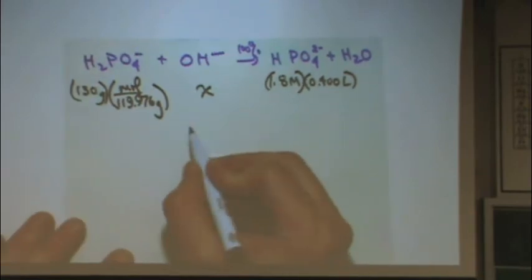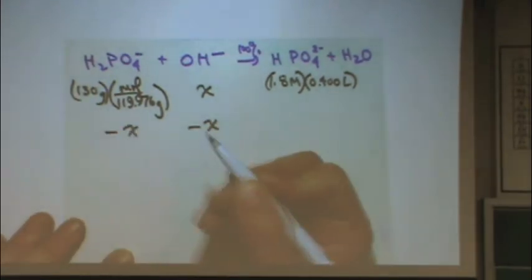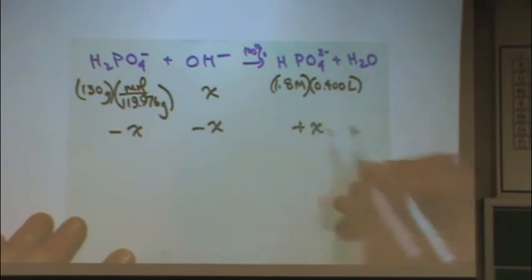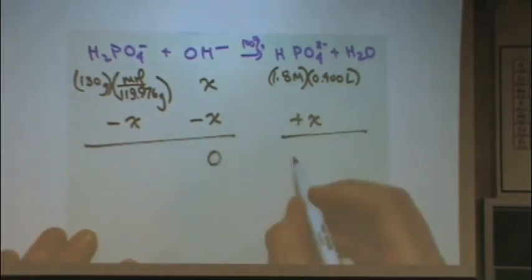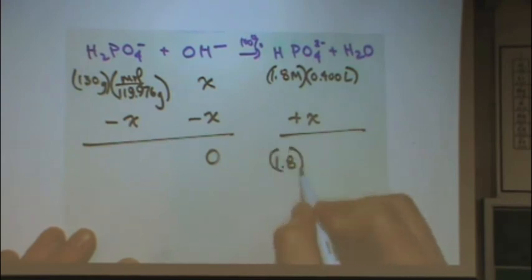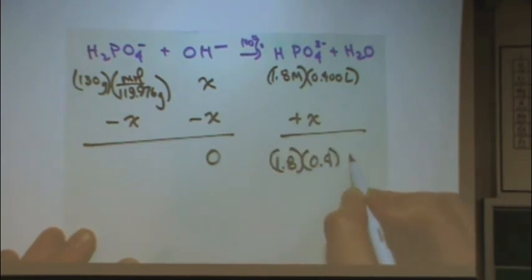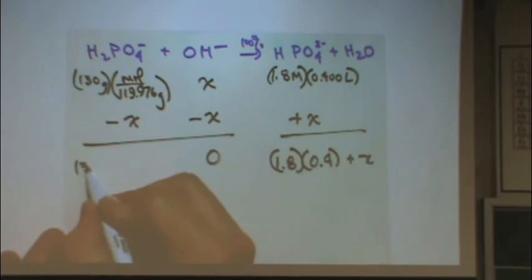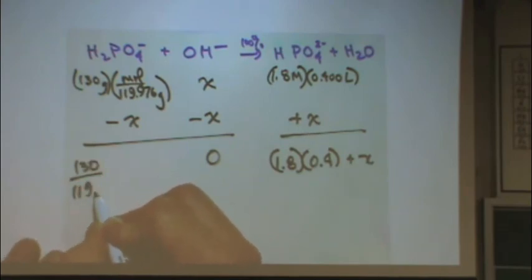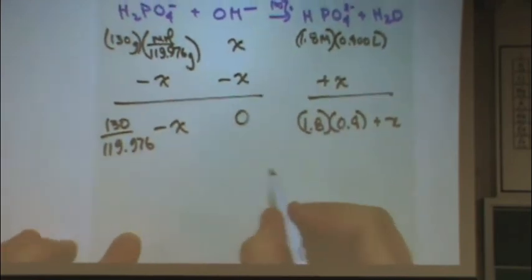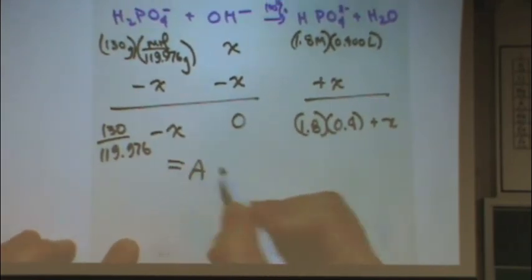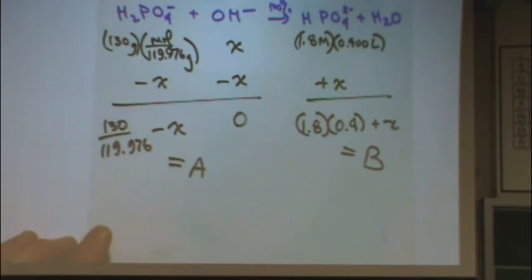So I subtract that off of here, because it reacts all the way, and add it to here. Now I've got 1.8 times 0.4 plus X, and this is 130 divided by 119.976 minus X. So this is A, and this is B.